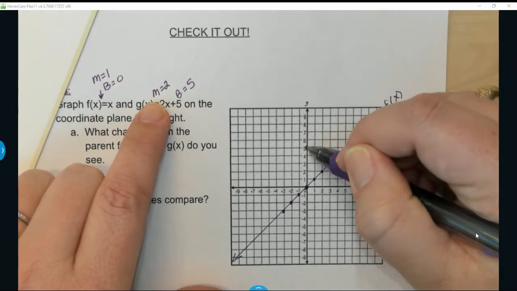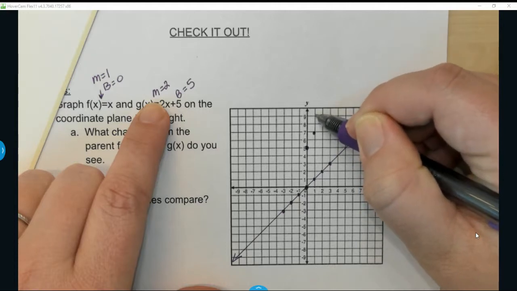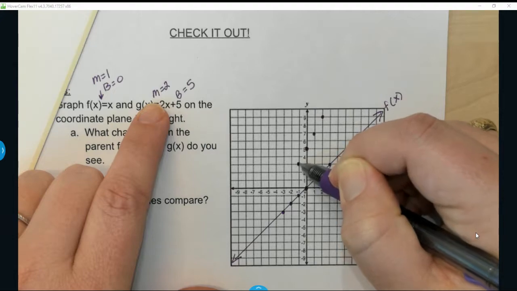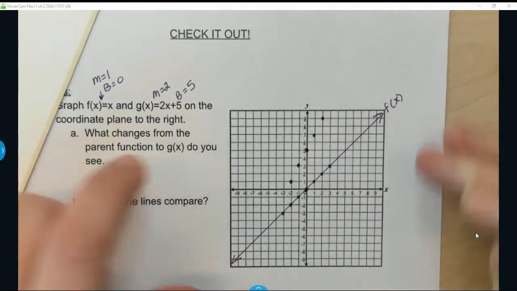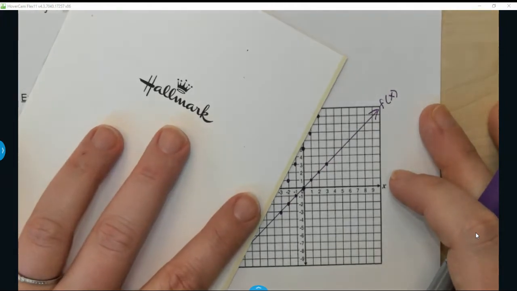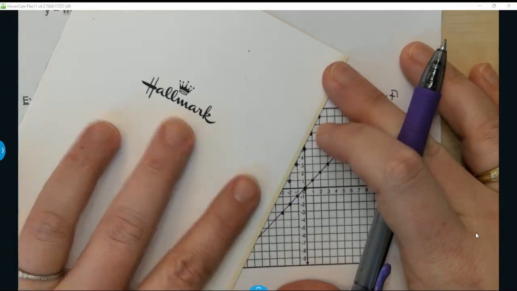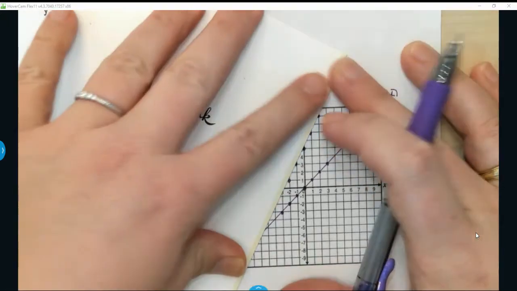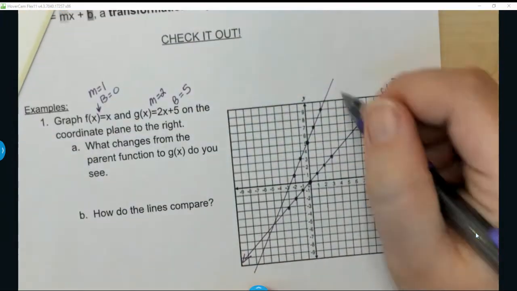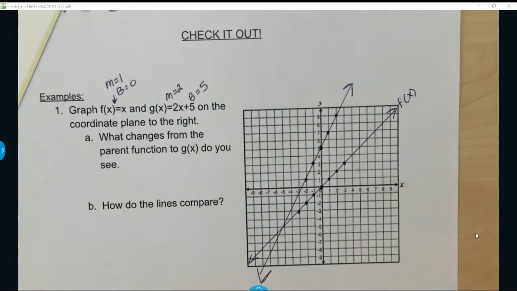My slope is 2, so I count up 2, to the right 1, or I could count down 2 to the left 1. Now I'm going to draw that. Okay, so they are now graphed out.